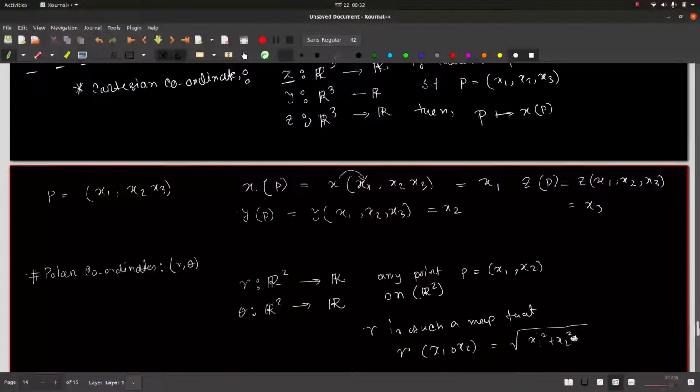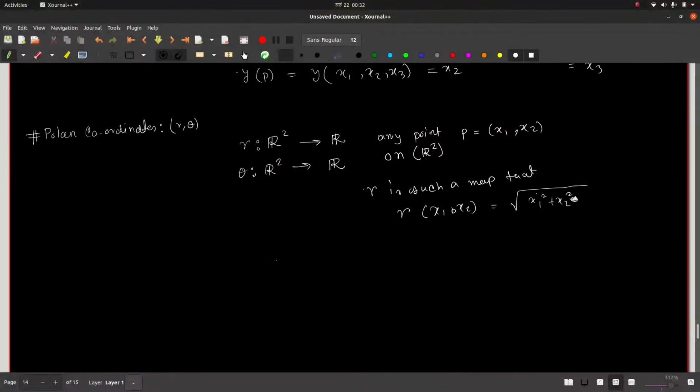This is how it is defined. Similarly, theta is defined as tan inverse of x2 divided by x1. That means the second coordinate goes over here and the first coordinate goes over here. So these are examples of coordinate functions.